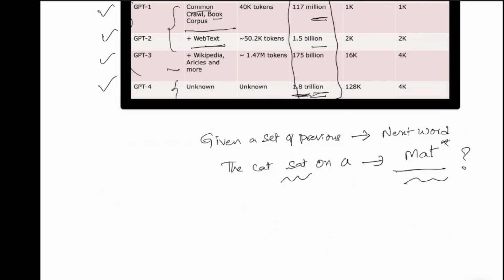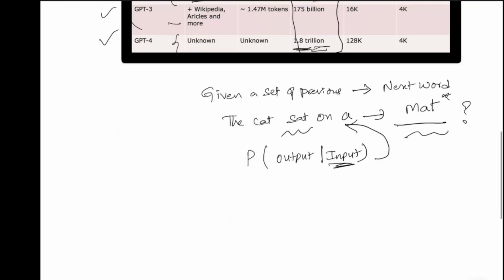Primarily, this can be expressed in simple language as the probability of output given some input. Technically, this input is nothing but the previous set of words. Mathematically, this can be expressed as the probability of the next word w_i given all the previous words, w_{i-k}, through w_{i-1}.